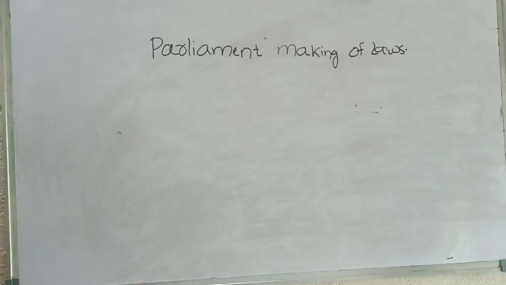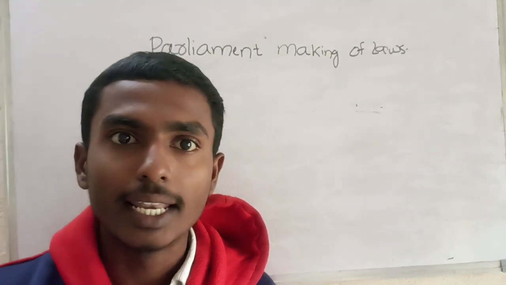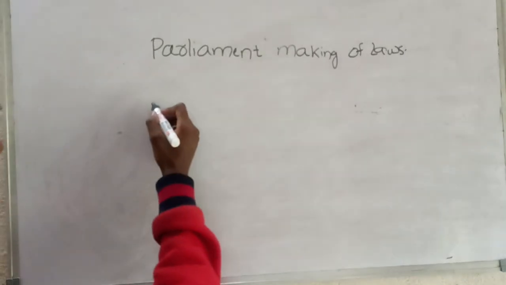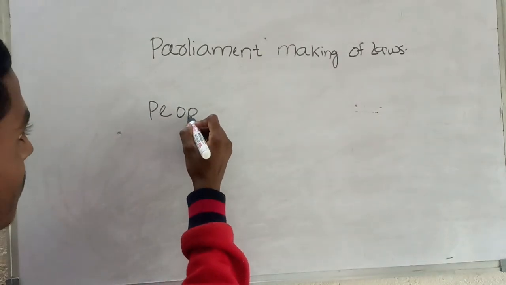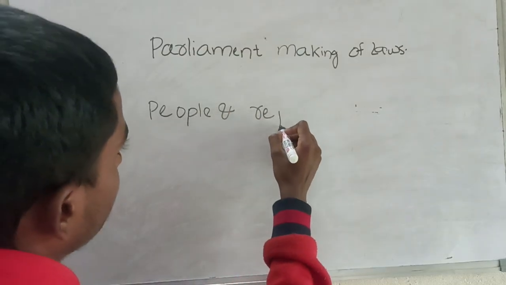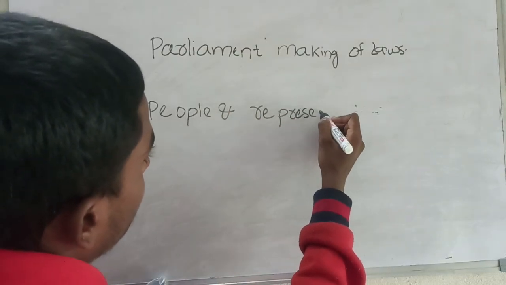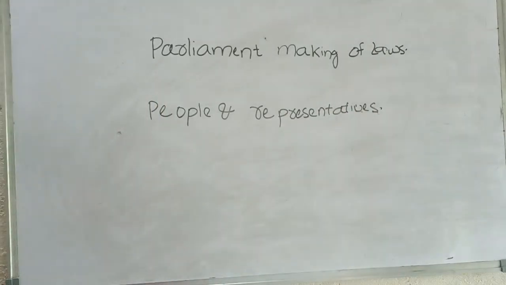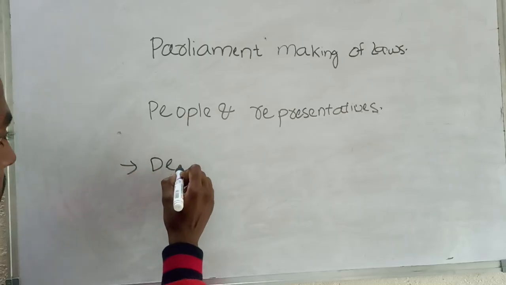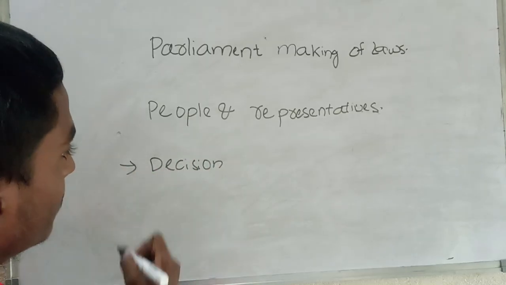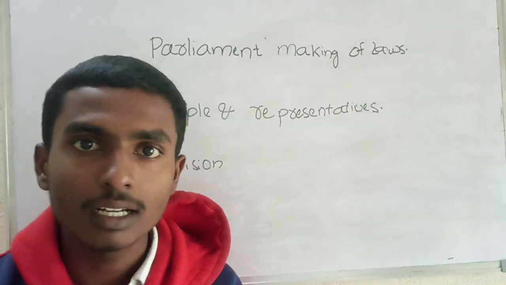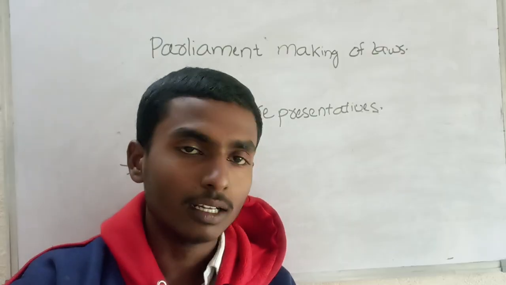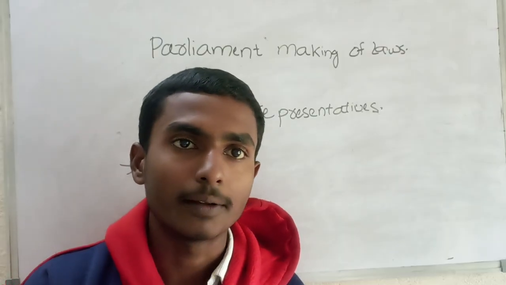Now let us study how people elect representatives. It's about people and representatives. People will make decisions. Because of the people's decision, government will be formed, and the government will act to support the people.